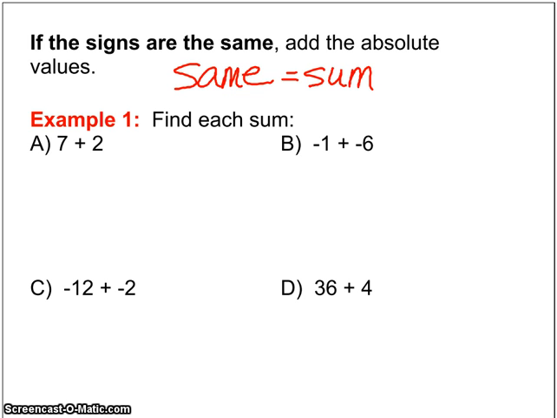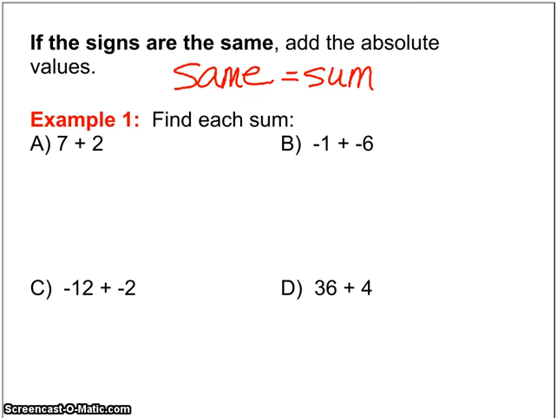So example 1 are some examples of integers that have the same sign. Now what I want you to do when you're adding integers, step number 1, look at the two numbers that you're adding together and determine, here we have a positive 7 and a positive 2. Do I have more positives or more negatives? Okay, so we know our answer is going to be positive.